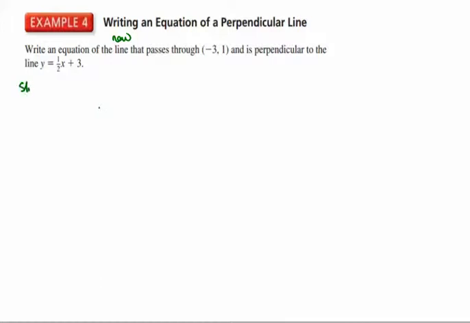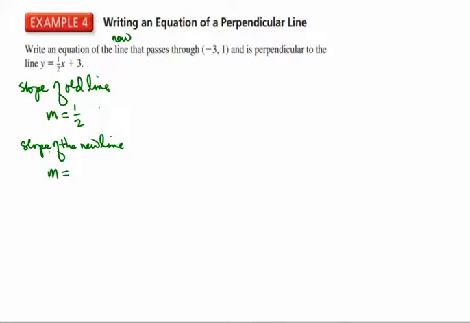So first of all, I would say that the slope of the old line is 1/2. But we want to be perpendicular to that line, so that means that the slope of the new line would have to be opposite signs and reciprocal.